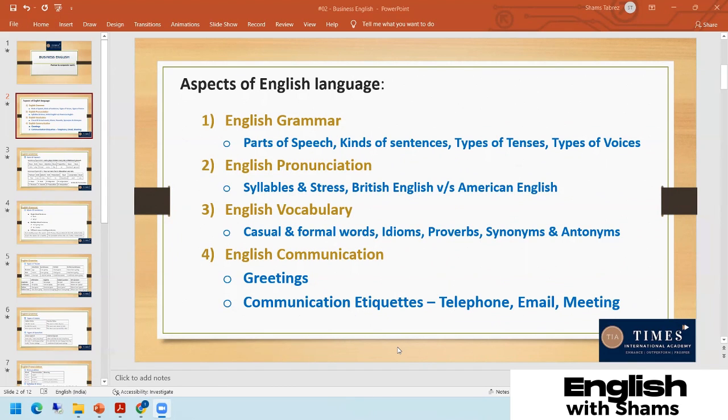Right, okay. So in this training, after successful completion of the training, once you come to know about English grammar, pronunciation, vocabulary, and communication, things will become easy. However, you need to make sure that you practice and communicate in English.